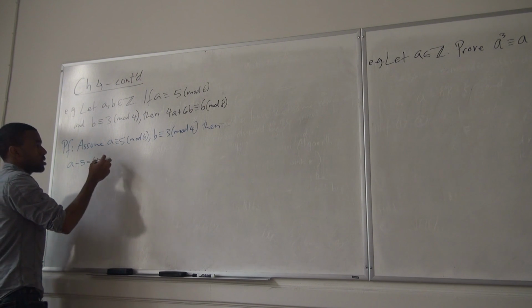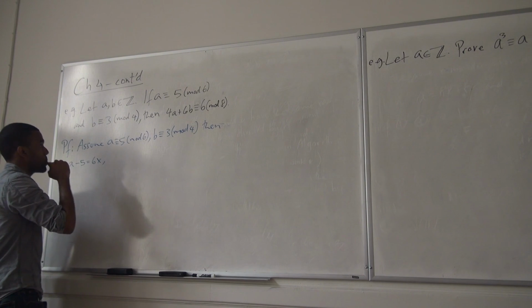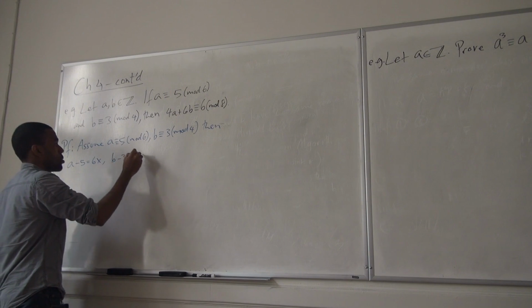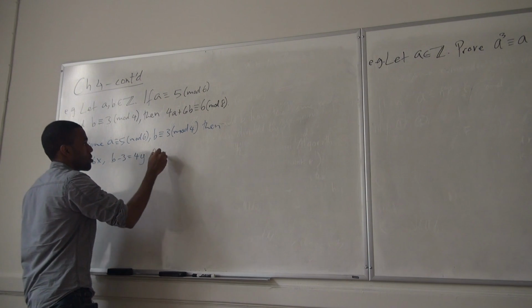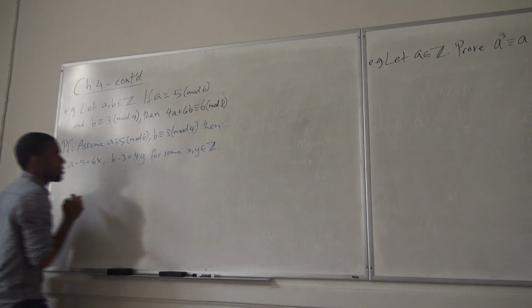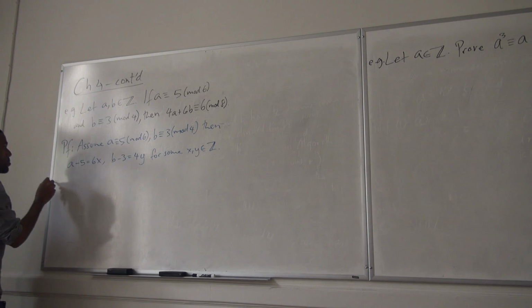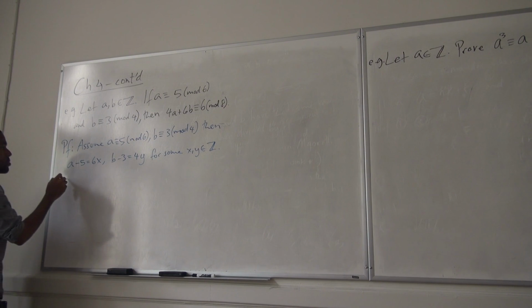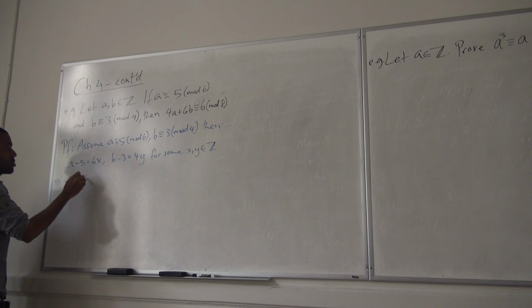It could be 0, just some integer. What about the other one? b minus 3 would be equal to 4y, for some integers x and y. Okay, then what can you say? We can say what a and b are.